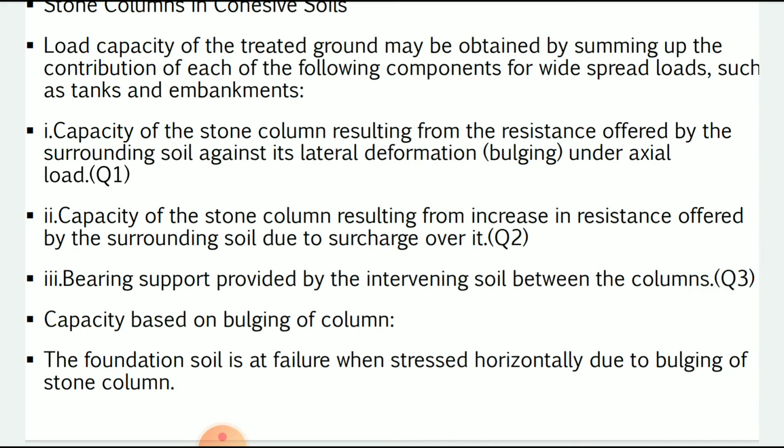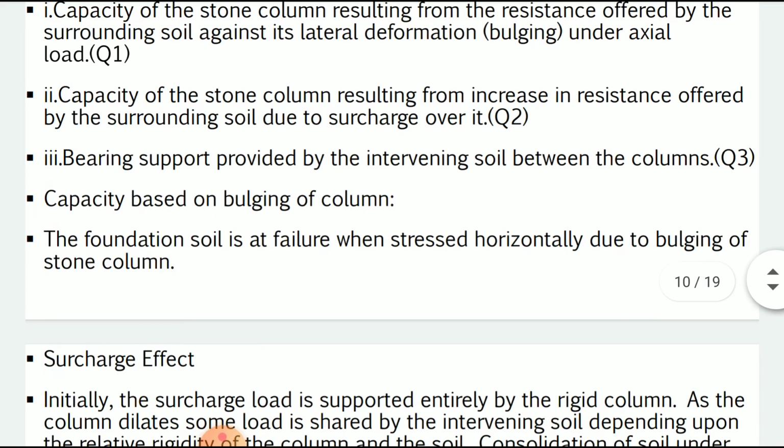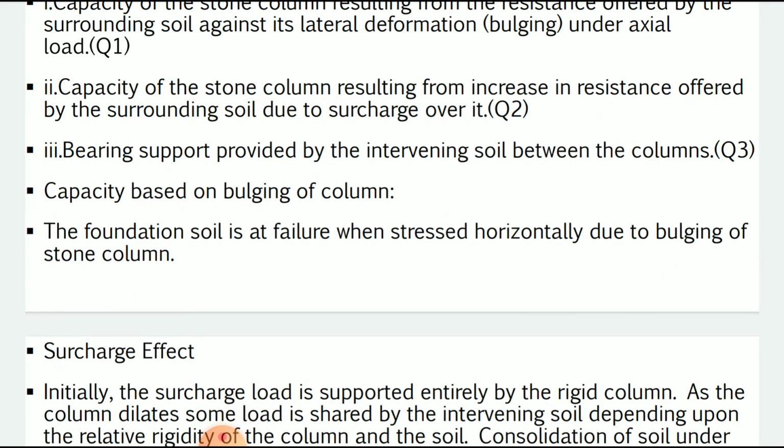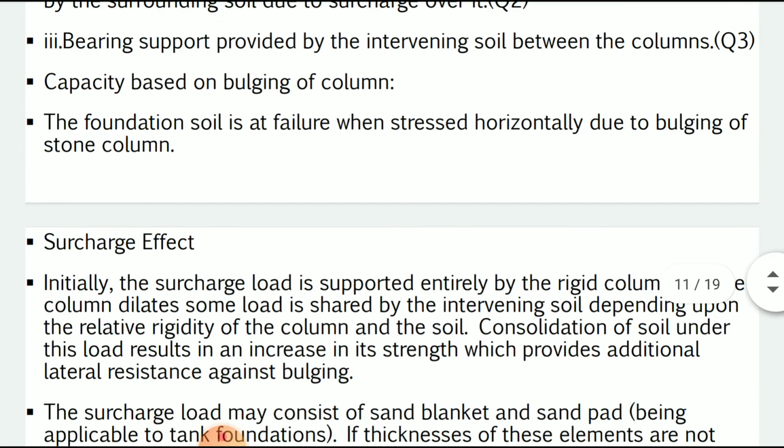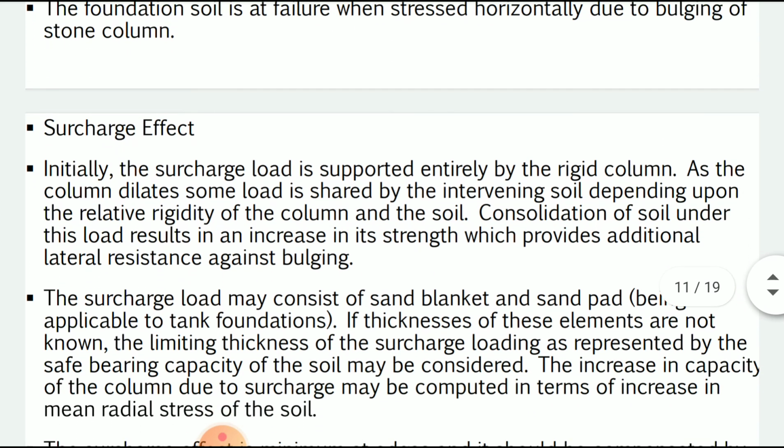Now the capacity based on the bulging of the column: the foundation soil at failure is stressed horizontally due to the bulging of the stone column. Then the surcharge effect. Initially, the surcharge load is supported entirely by the rigid column. As the column dilates, some load is shared by the intervening soil depending upon the relative rigidity of the column and the soil.